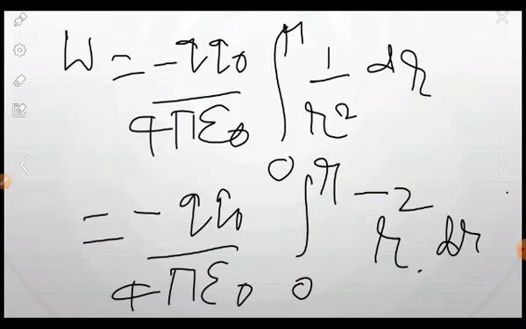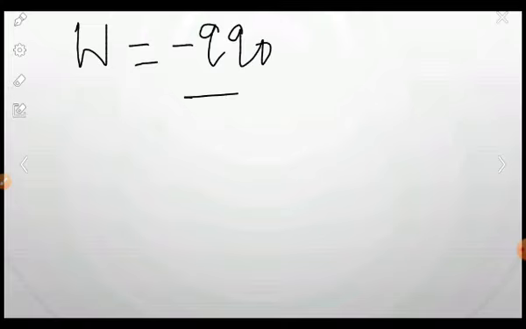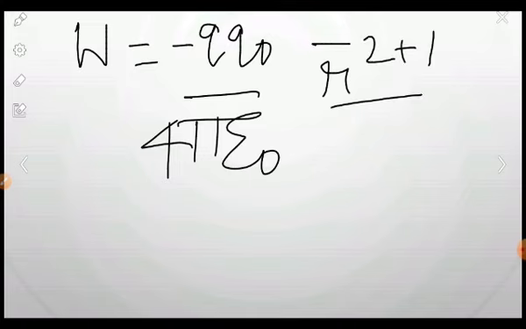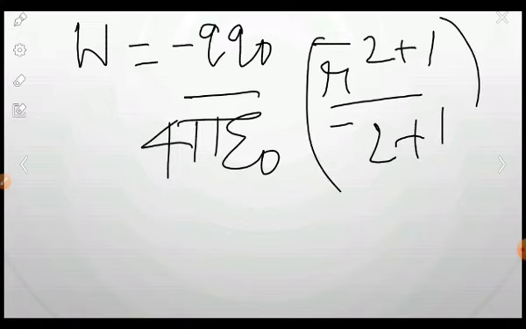So the next step will be W equals minus Q naught by 4 pi epsilon naught. r to the power of minus 2 is integrated, you will get r to the power of minus 2 plus 1 by minus 2 plus 1, and the limits are 0 to r.